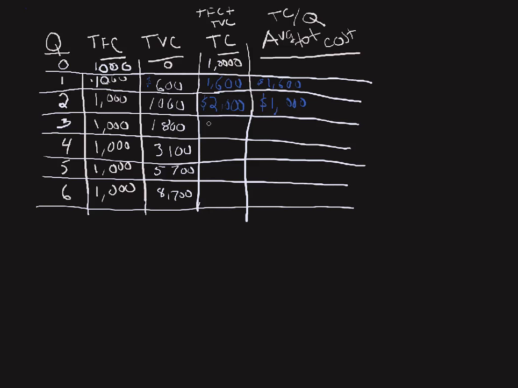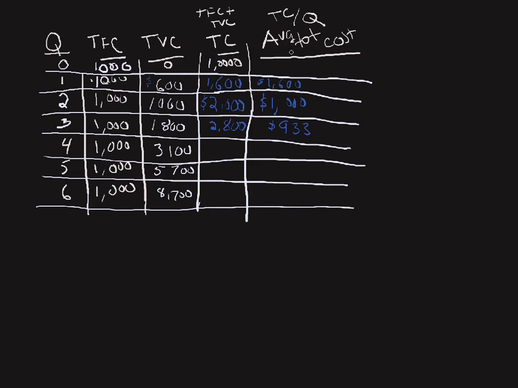Let's move forward. We now have a total cost of 2,800 when we make our third unit. Same manufacturing plant. We add some more people and materials. It looks like they cost an extra $800. That's $2,800 divided by 3, which is equal to $933. So now what's happened?